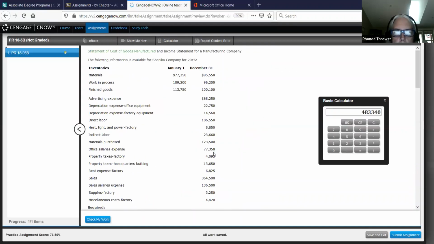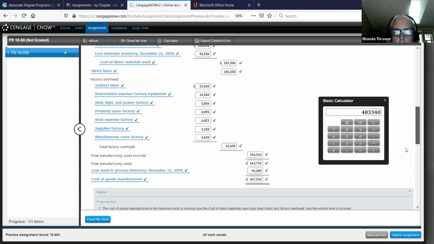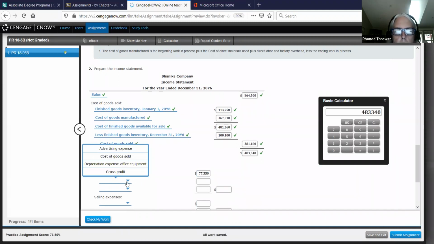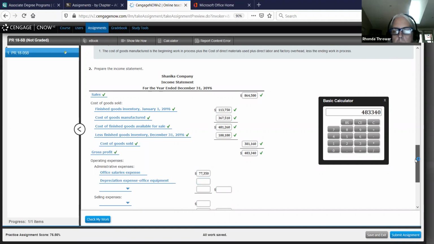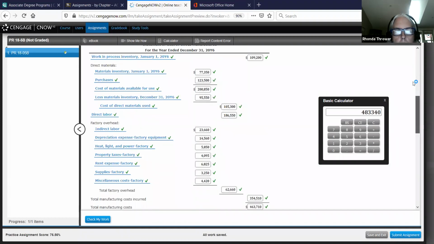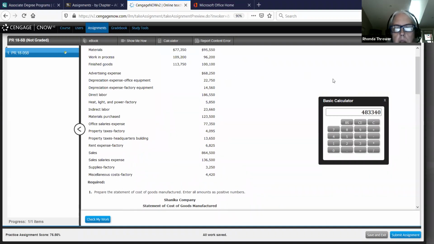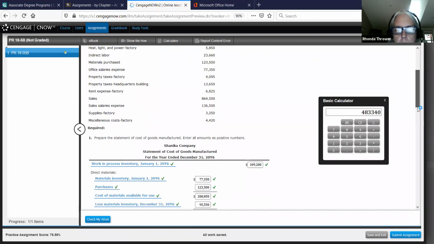Your office salary expense is $77,350. Your next type of administrative expense will be depreciation expense on your office equipment, and that's $22,750.